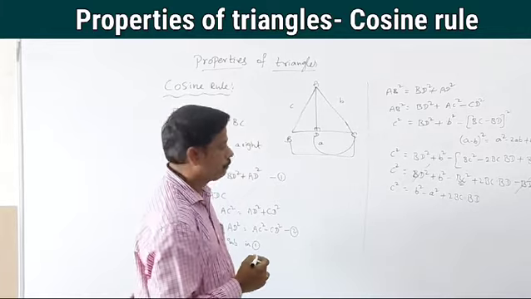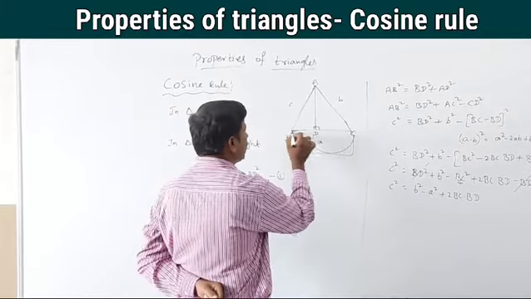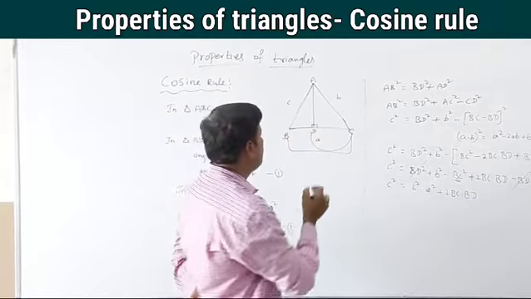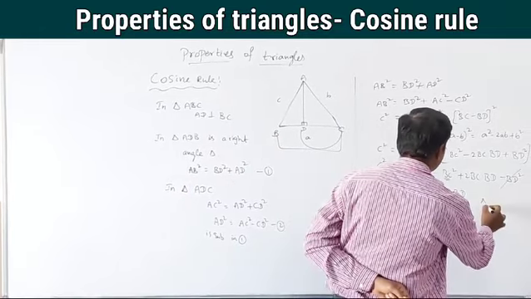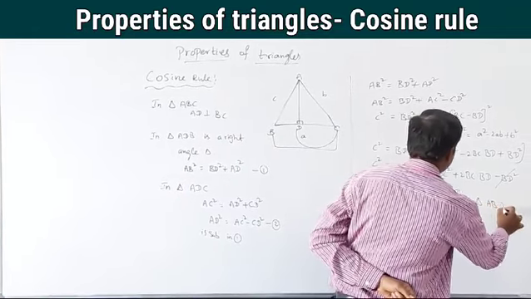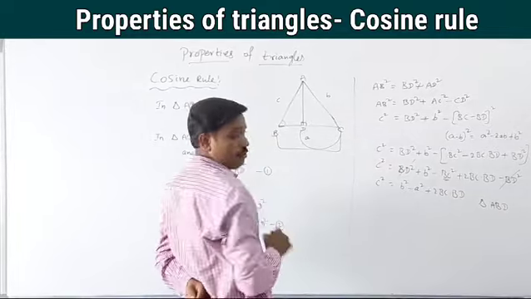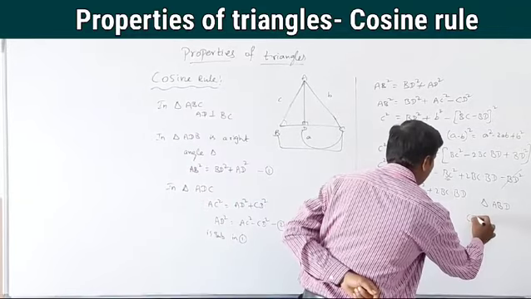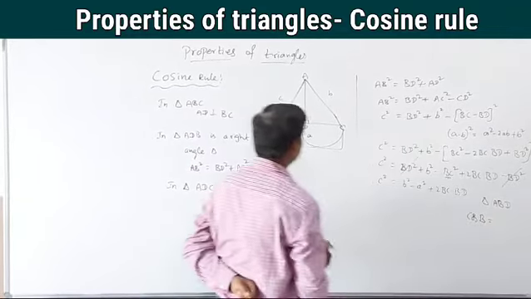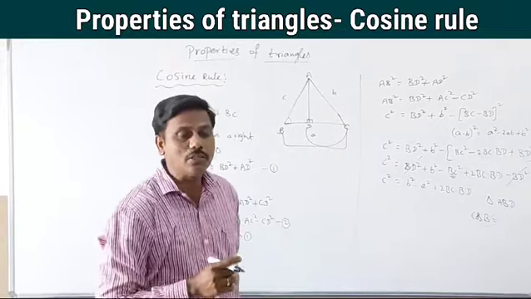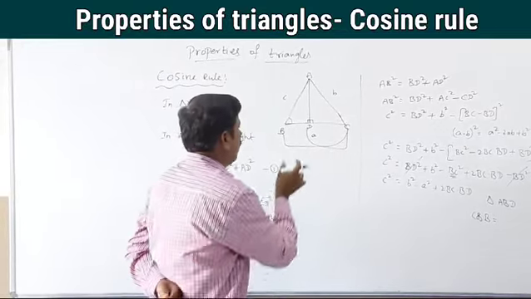One more thing here: I want to take BD in triangle ABD. Cos B equal to, what is the cos formula in the trigonometric ratio?